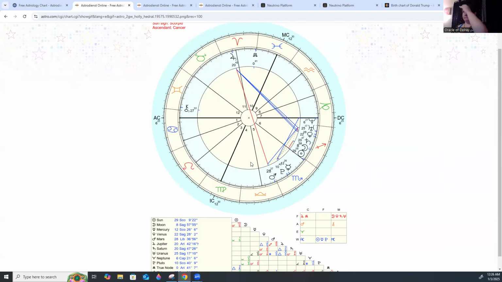So when your ascendant is in 6 degrees Cancer, it means that your descendant is in 6 degrees Capricorn. Ascendant is based on house, right? So we don't often read house placements to the degree, except when it comes to the ascendant, the descendant, the midheaven, and the Imum Coeli.